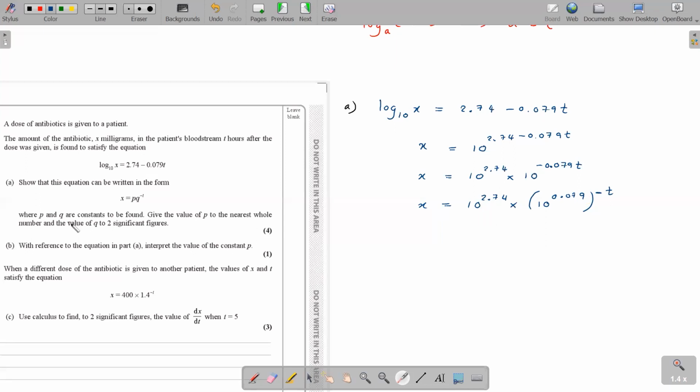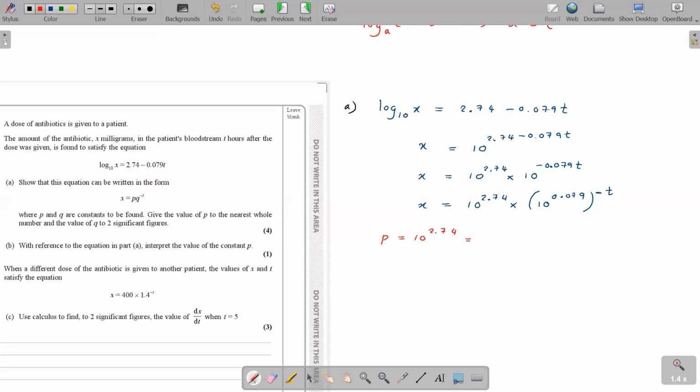They are saying where p and q are constants to be found, give the value of p to the nearest whole number and the value of q to two significant figures. So get me the answer of p and q. So this is p, 10 to the power 2.74. Can you all make it to the nearest whole number?